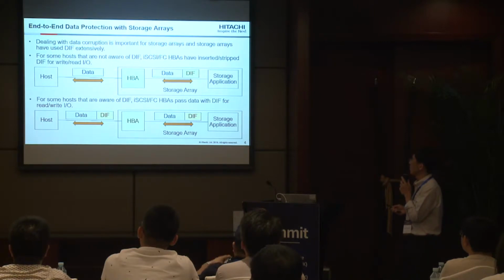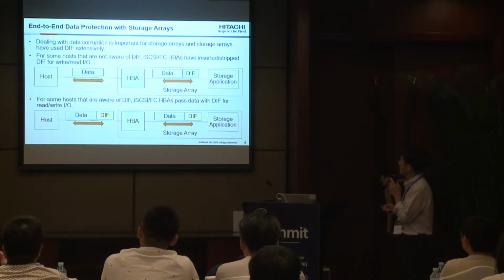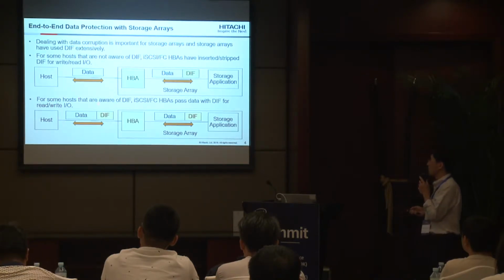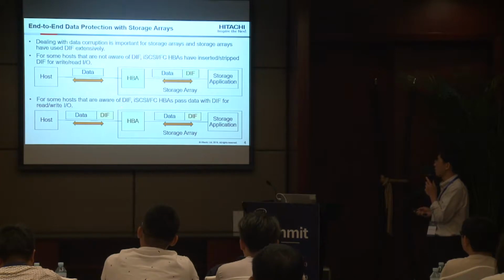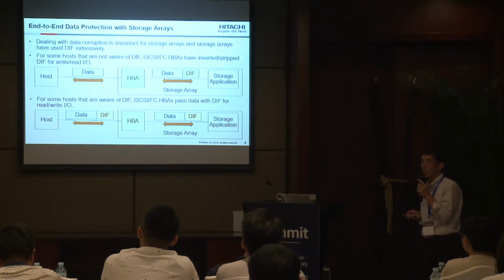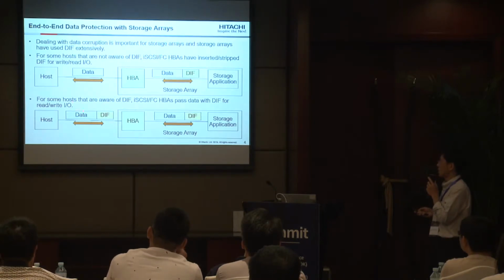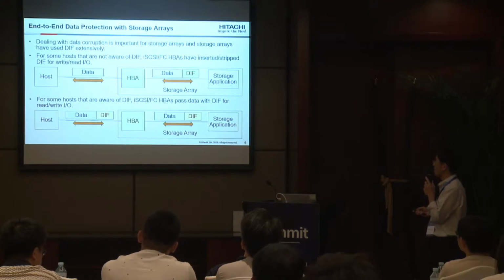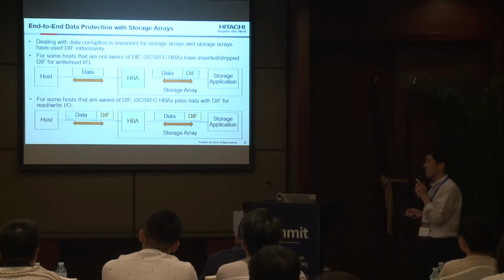For hosts that are not aware of DIF, the front-end I/O card inserts and strips DIF for read and write I/O. For hosts that are aware of DIF, for example an Oracle database, which already recognizes DIF, the hardware I/O card just passes data with DIF for read and write I/O.